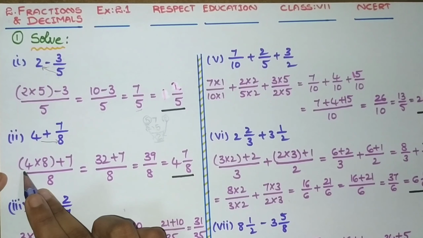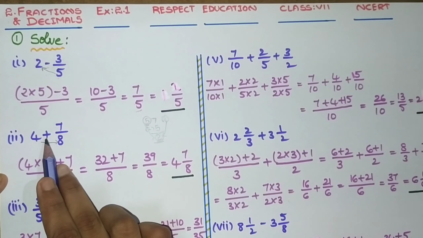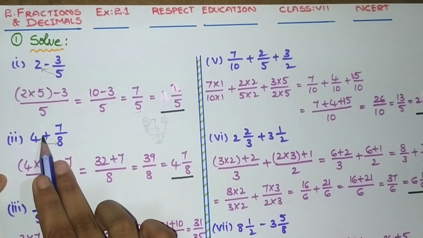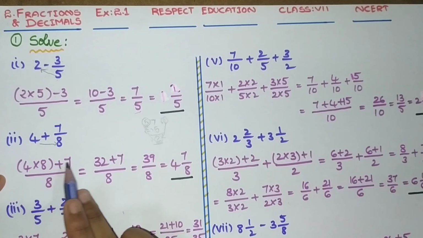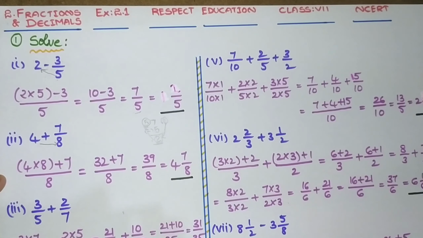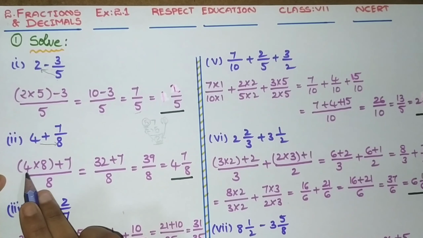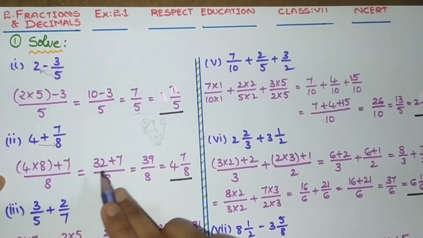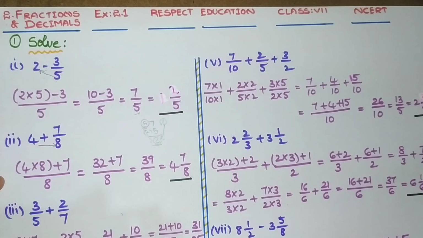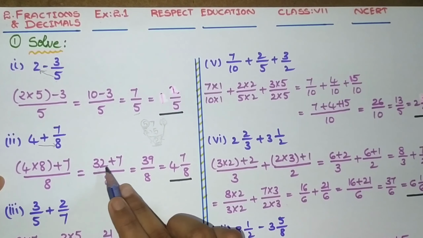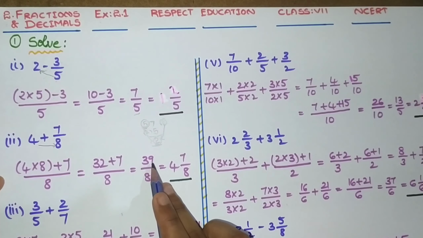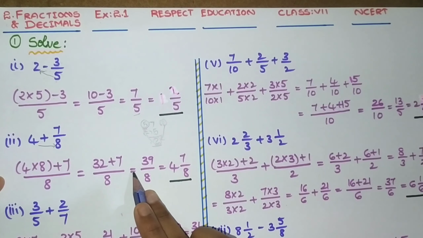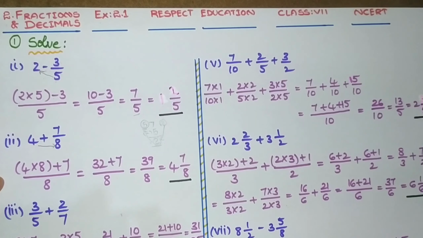So 4 into 8 plus 7 by 8, which is equal to 4 into 8 is 32, plus 7 by 8. 32 plus 7 is 39 by 8. So 4 plus 7 by 8 is equal to 39 by 8.